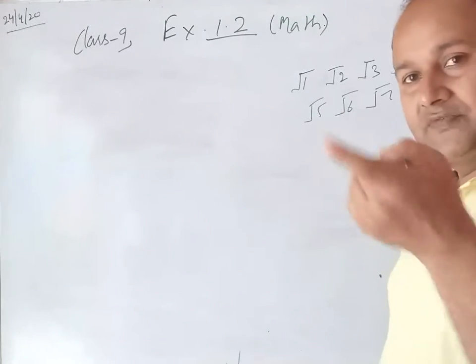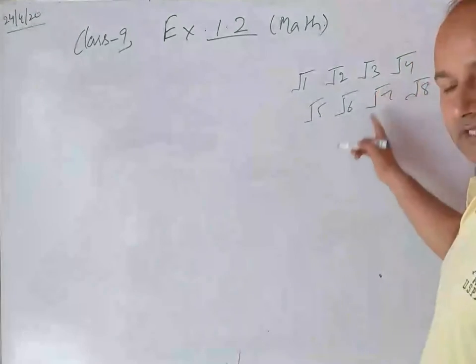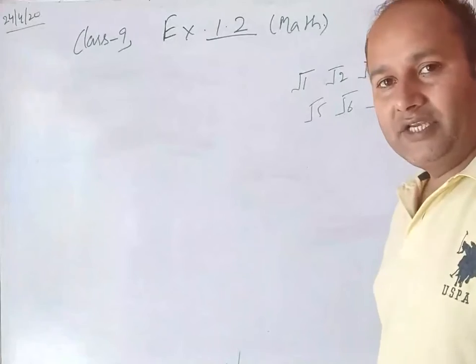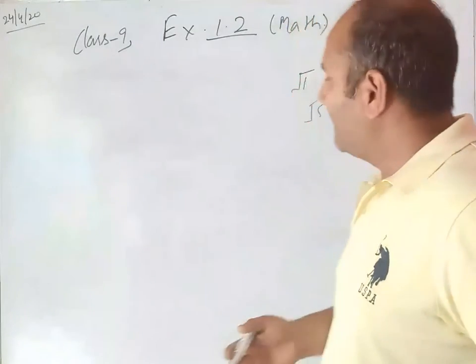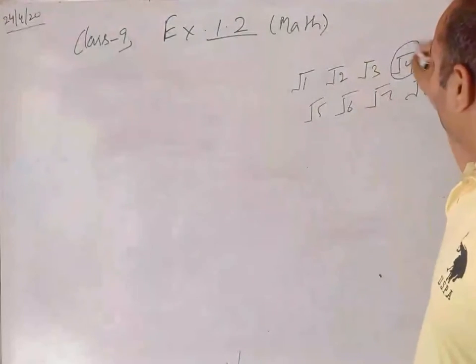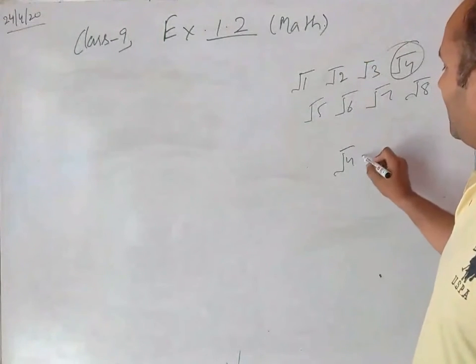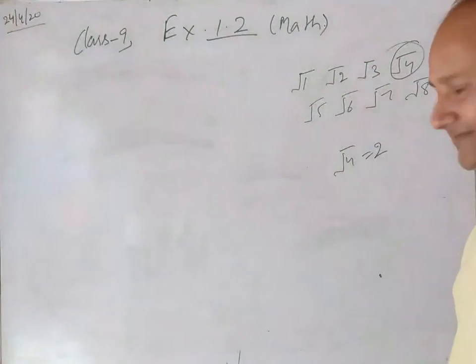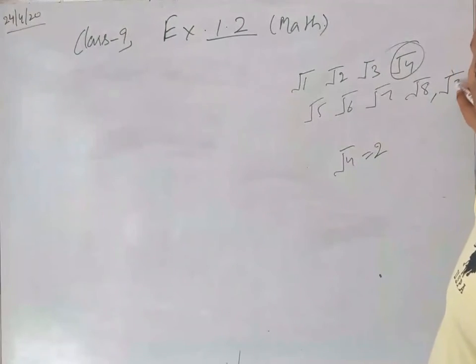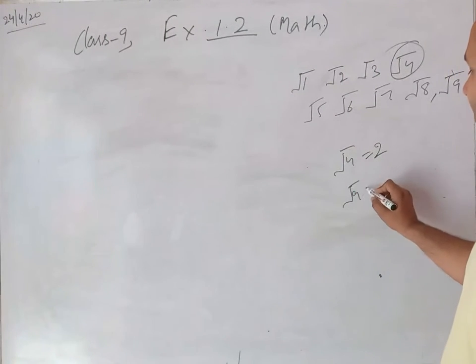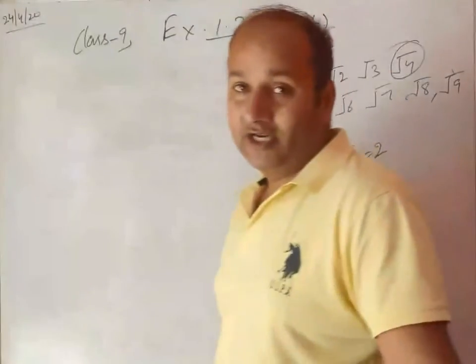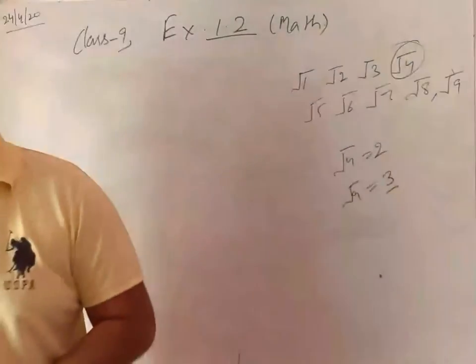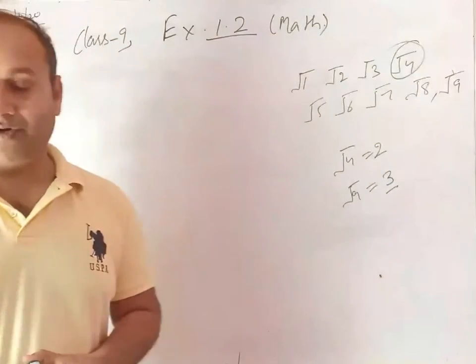Are they irrational? What do you say about root 4? Root 4 is not irrational. And what about root 9? Root 9 is not irrational. It is a natural number, or a rational number. So this statement is false.